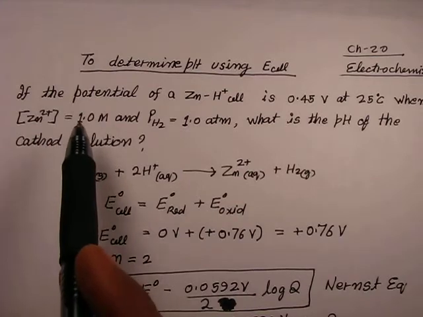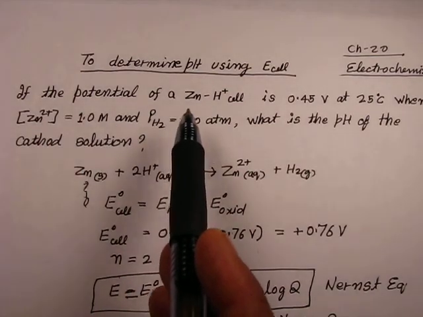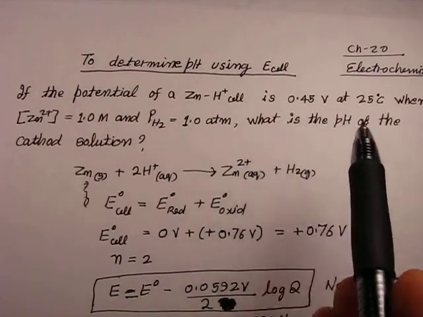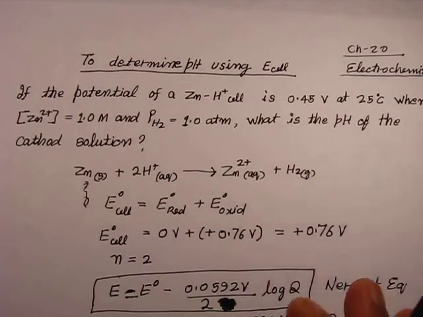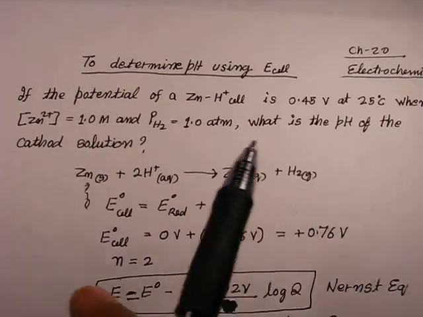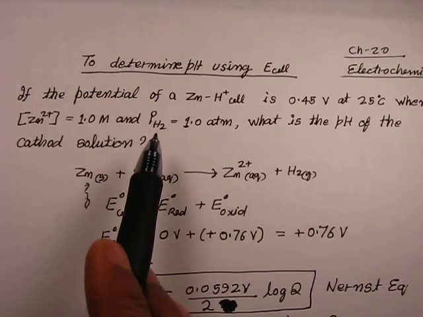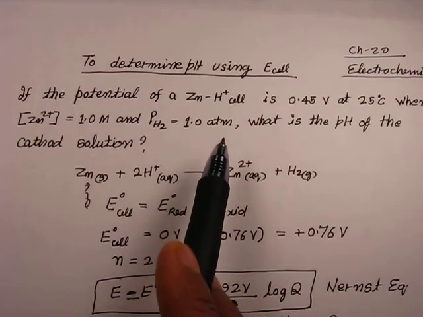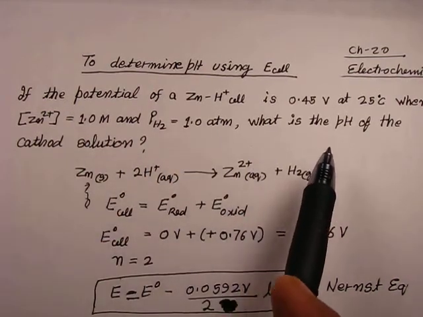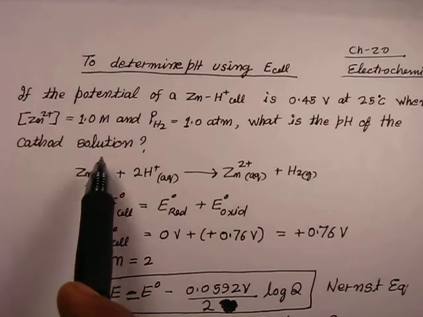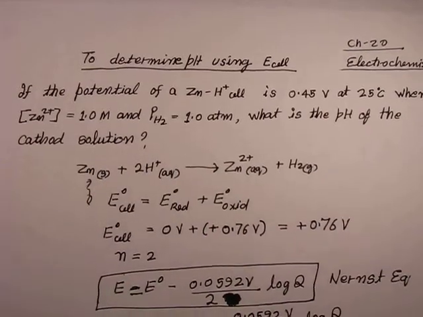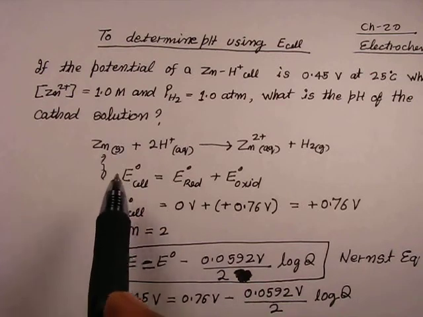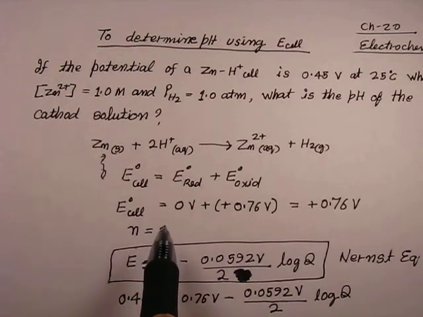Here is one question: if the potential of a zinc and hydrogen ion cell is 0.45 volt at 25 degrees Celsius, when the zinc concentration is 1 molar and the hydrogen gas pressure is 1.0 atmosphere, what is the pH of the cathode solution? The net ionic equation is given, and then E0 cell is also given.